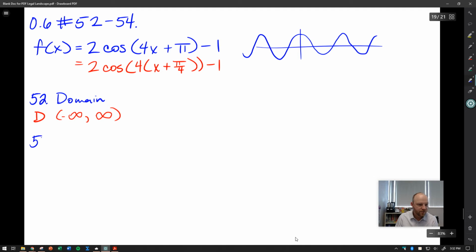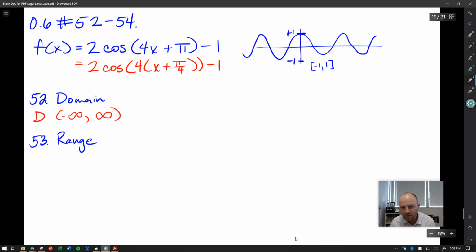Okay, for 53, we are asked for the range. And this again is a sinusoidal wave, and the untransformed cosine function gets as high as positive 1, and as low as -1. So the untransformed cosine has a range of -1 to 1.